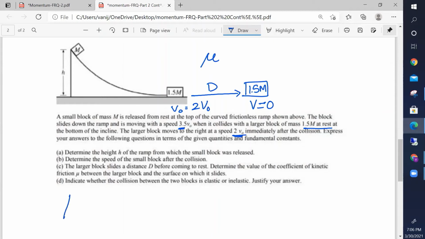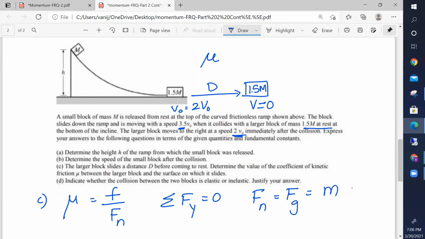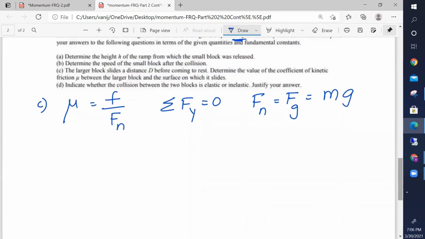If you all remember, the coefficient of kinetic friction is the ratio of the frictional force to the normal force. Because sigma Fy is equal to 0, I know that Fn is equal to Fg, which is mass times gravity. So I know Fn, but how are we going to determine the frictional force?